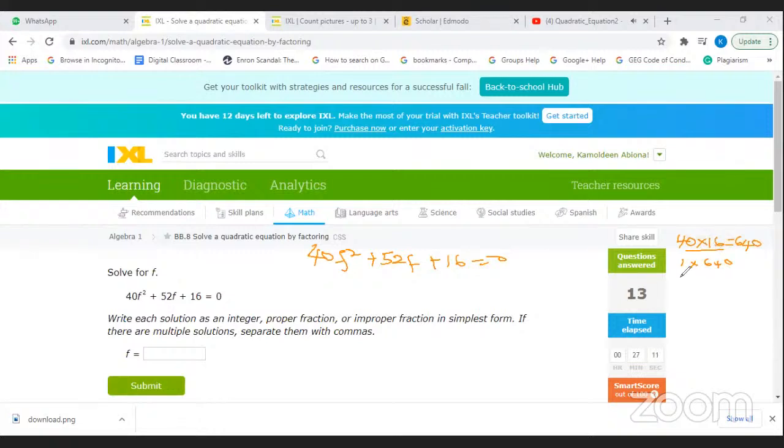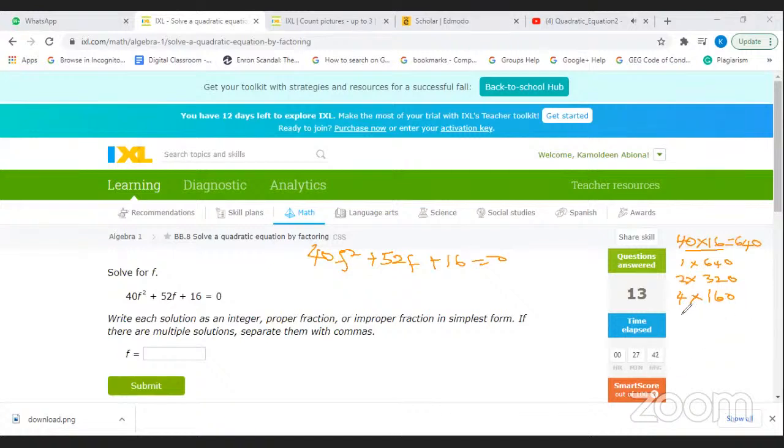The next one will be 2 times 320. Can 3 go? 3 cannot go, but 4 can go. 4 by 160. Yes. 6 cannot go, but another thing that can go is 5.